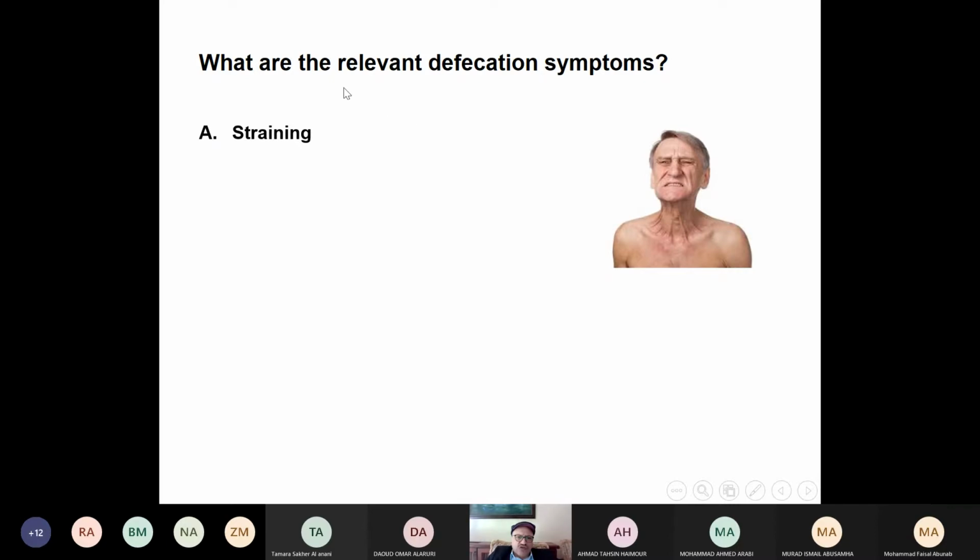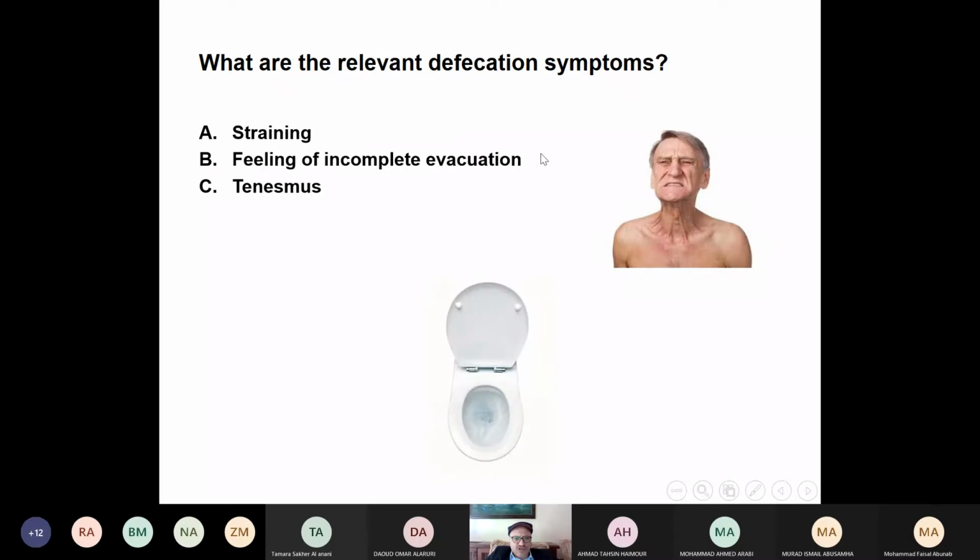And we are more interested if there has been a change in these symptoms. So the patient tells you that I started to put more effort in defecation, feeling of incomplete evacuation, and tenesmus. So tenesmus, nothing comes out. Feeling of incomplete evacuation, the patient passes some, but he doesn't feel satisfied.